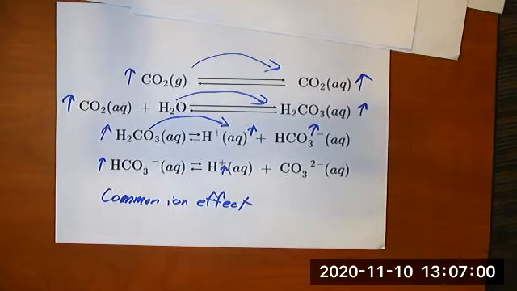So you have to understand weak acid equilibria, you have to understand the relationship between Ka and Kb, between hydronium ion concentration and hydroxide ion concentration. You have to be able to do ice tables, you have to be able to do the Henderson-Hasselbalch equation.